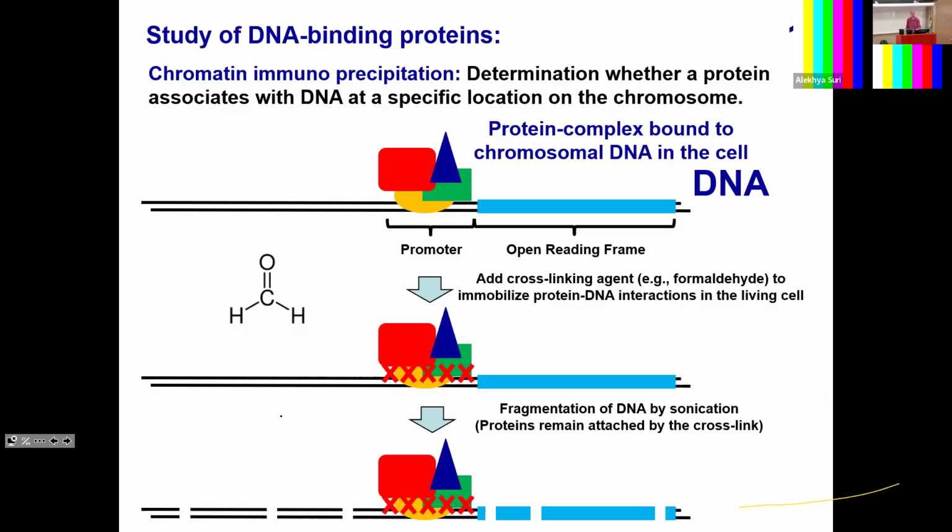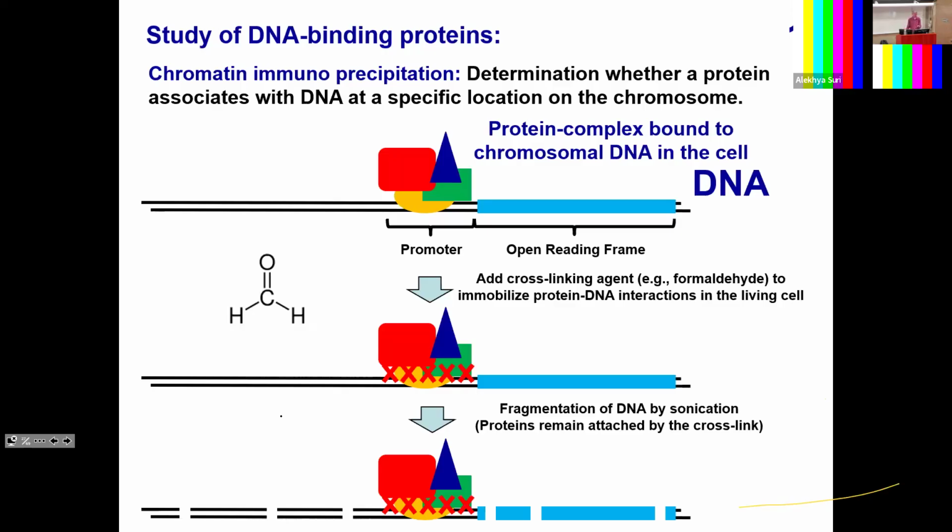You use a high frequency sonication method to create very small pieces of DNA, which have the protein complexes still bound, but you have DNA fragments of maybe 500 base pairs. So this is very small.